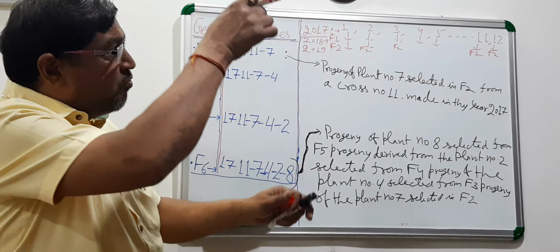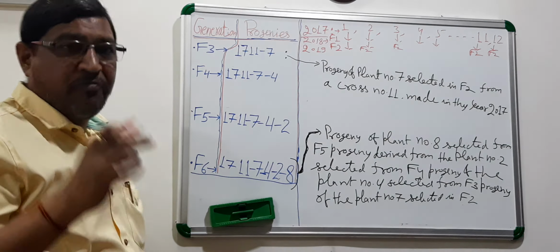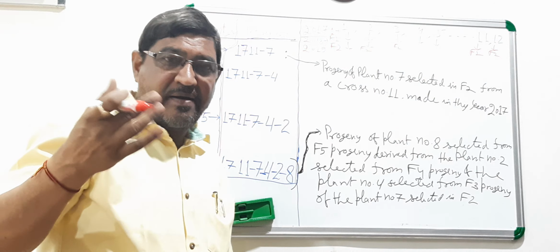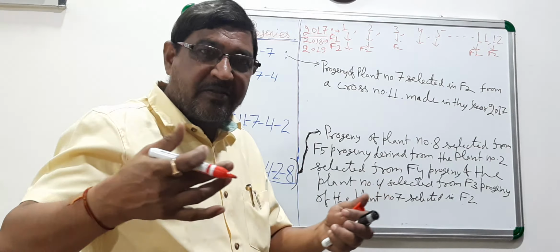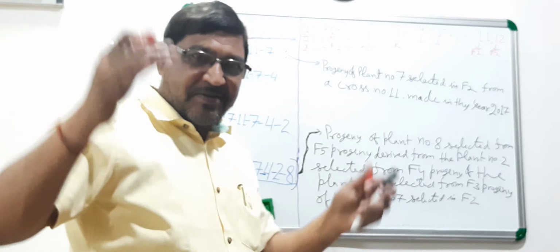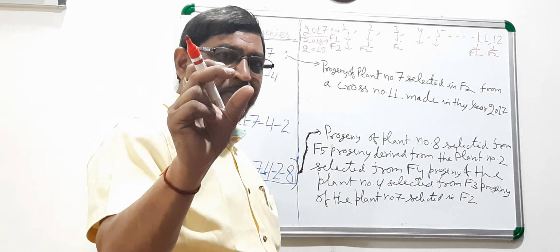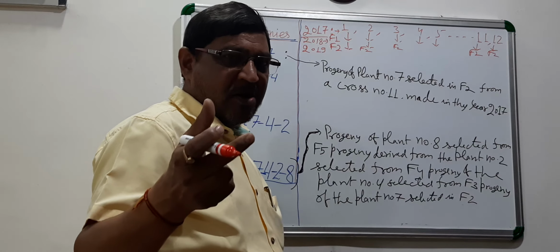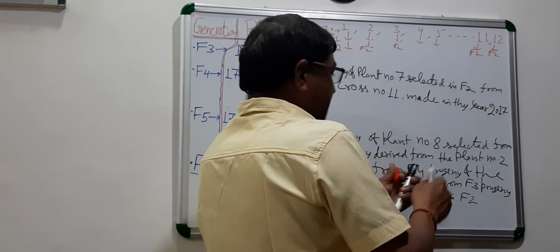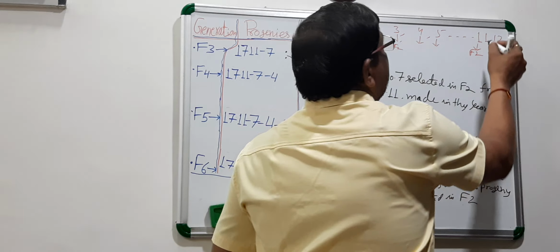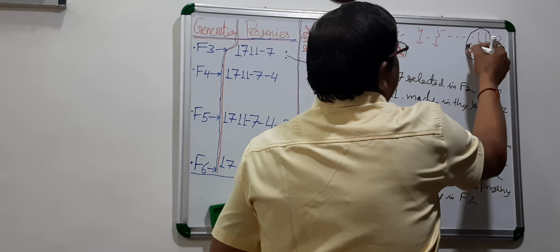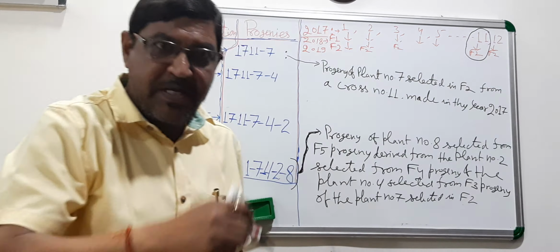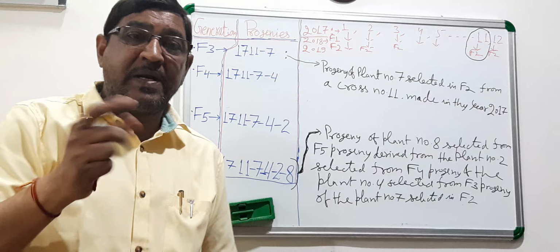So I am putting one cross, to try to explain easily. We cannot take all the crosses. Say for example, I am taking cross number 11 and putting it in our pedigree record.